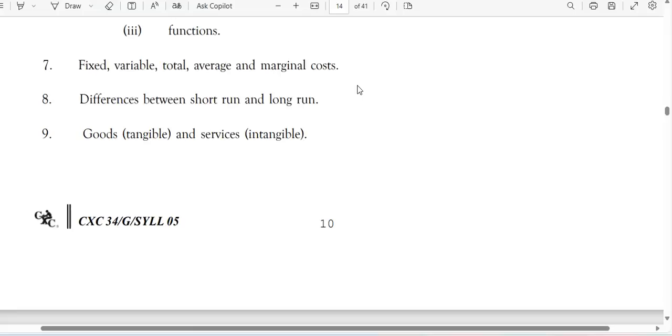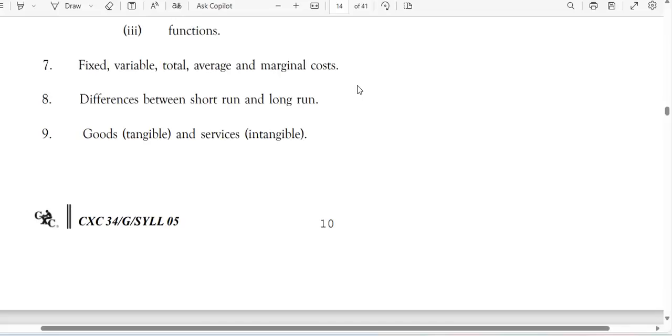All right. Average cost: the cost per unit of output. So if 100 units are produced at a total cost of $1,000, the average cost would be 1,000 divided by 100, so it would be $10 per unit.